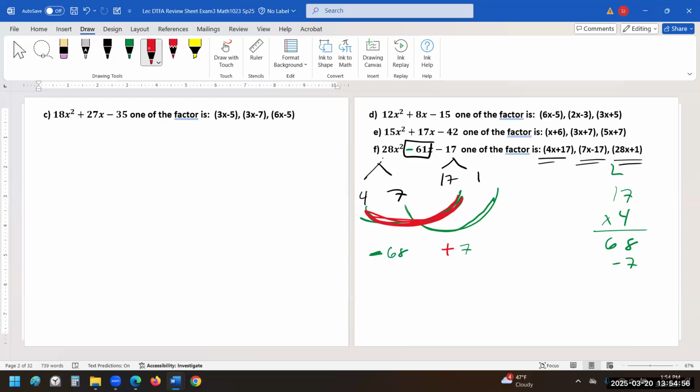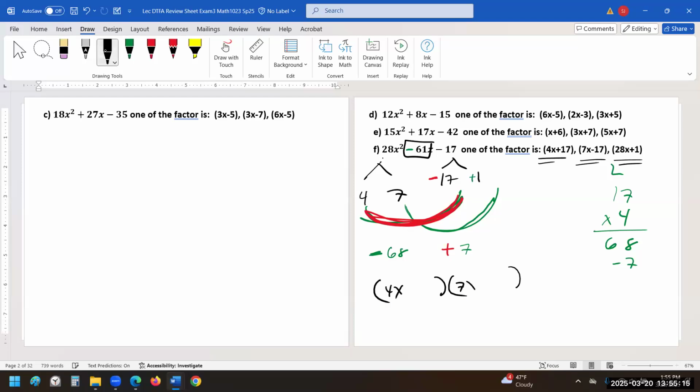So the product of 7 and 17 and 4 is negative. That means 17 has to have what sign? Negative. And since the product of 7 and 1 is positive, 1 has to have what sign? Positive. Once you figure out the signs of the two numbers, your life is easy.